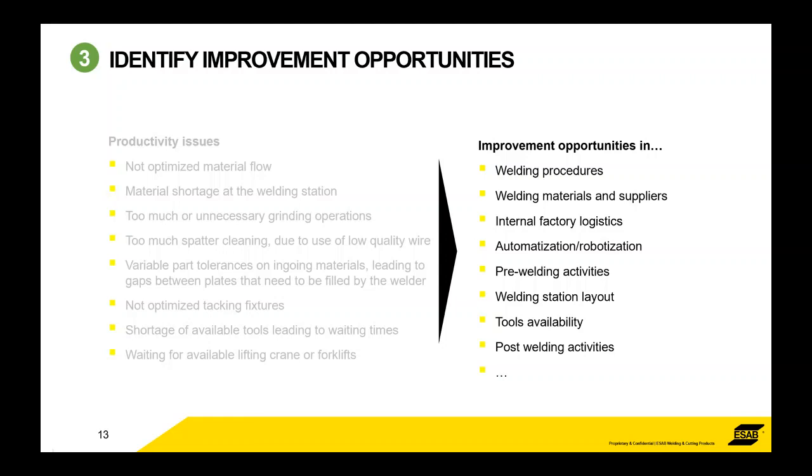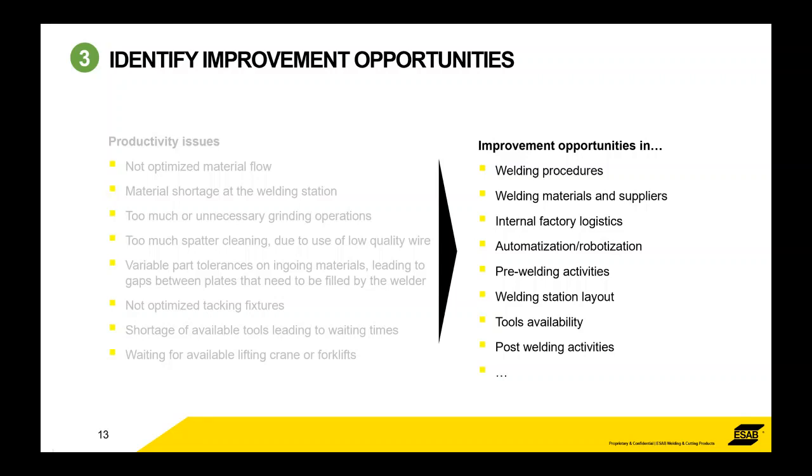How your internal factory logistics looks, if there are things that you can do there. Of course, taking steps toward automatization or robotization can be a bigger initiative, but still something to look at.